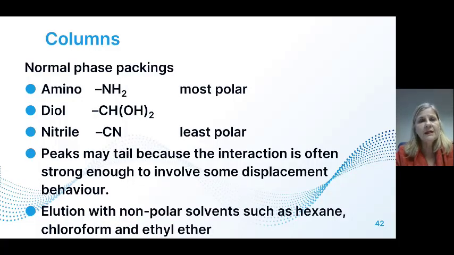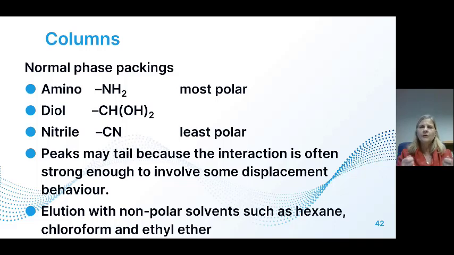In normal phase packing, we have a stationary phase that contains functional groups such as aminos, diols, and nitriles, and that would go from most polar to least polar. We often get peak tailing in normal phase, and that is because we have a strong interaction taking place.